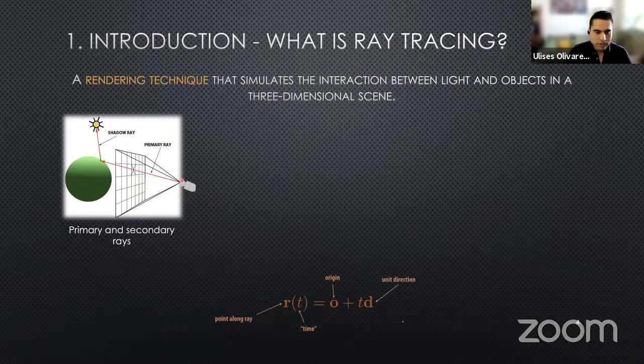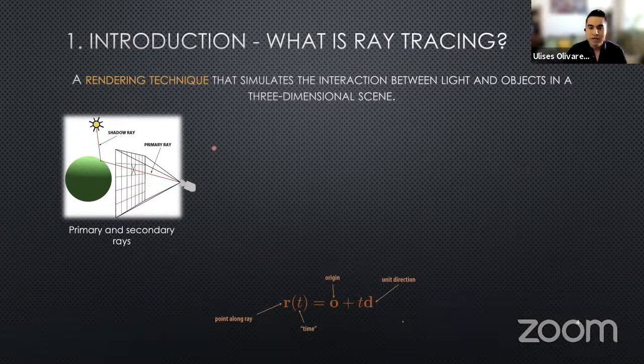So from this origin, we're going to trace a ray for each pixel of this scene, and then we can continue the path of that ray using a direction. And that direction is given just by this position on this virtual image. And if we continue that path, we're going to have our first intersection. This first intersection test we're calling the primary ray, and then we're going to trace another ray that is called the shadow ray.